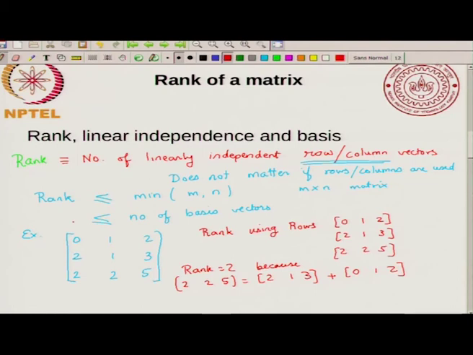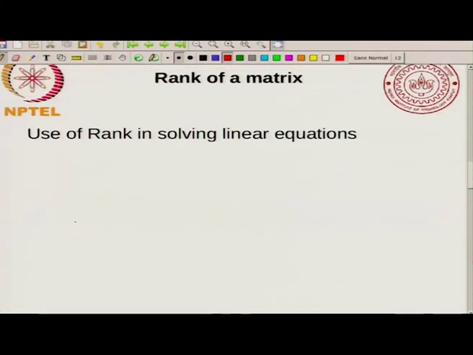All right, now we can ask the next question as to where do you use the rank. Okay. So now rank of a matrix is actually extremely useful in solving linear equations. Now you remember that we wrote your system of linear equations in matrix form.